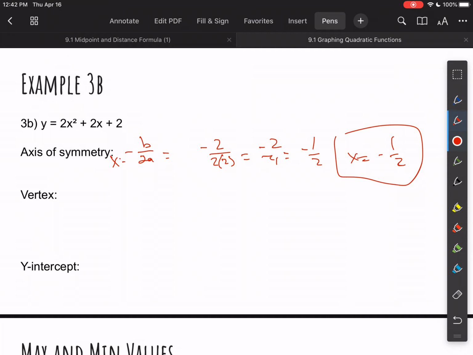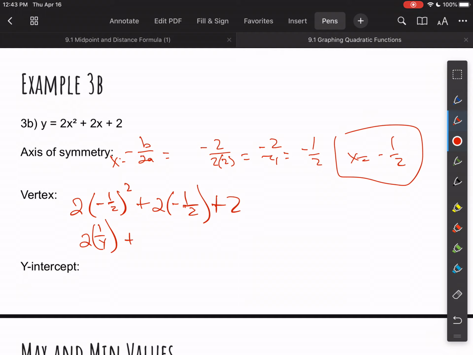To find your vertex, we're going to plug that back in. So it'll be 2 times -1/2 squared plus 2 times -1/2 plus 2. When I do this out, -1/2 squared is 1/4, because -1 squared is 1, 2 squared is 4. So this is 2 times 1/4, plus 2 times -1/2, which is -1, plus 2.